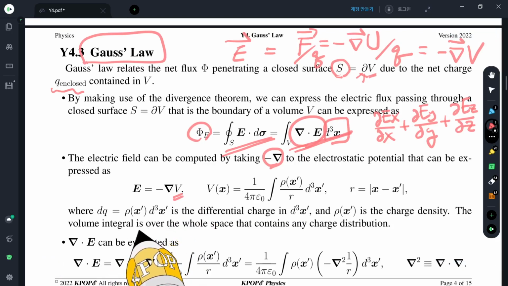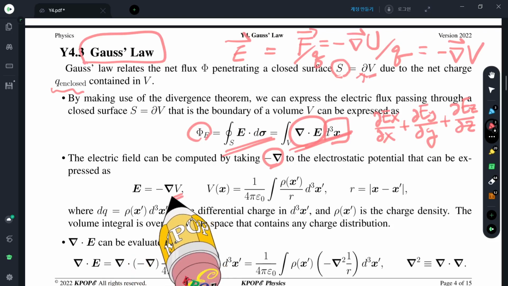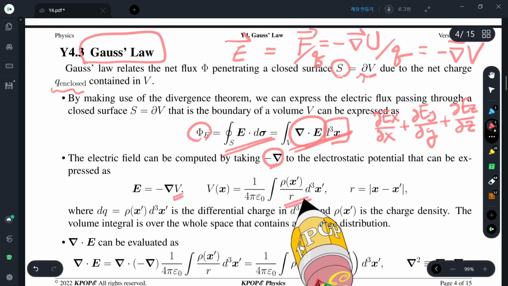We shall find that the electrostatic potential is this. Even though we did not learn in detail about the electrostatic potential, we know very well about the gravitational potential, because both the gravitational force and the electrostatic force are governed by the inverse square law.